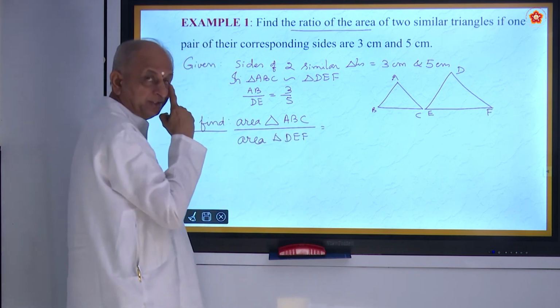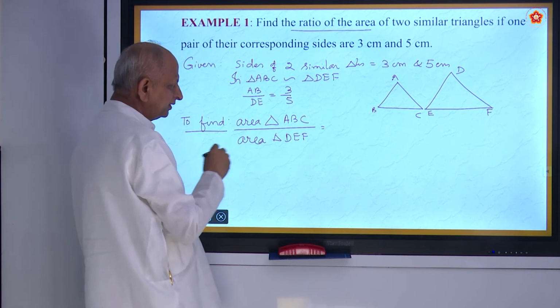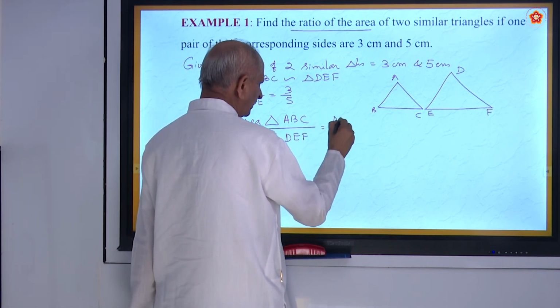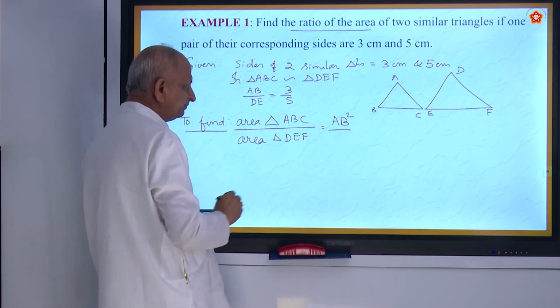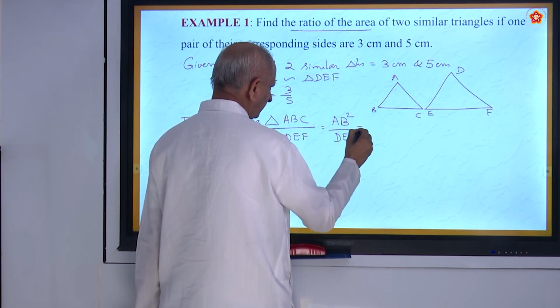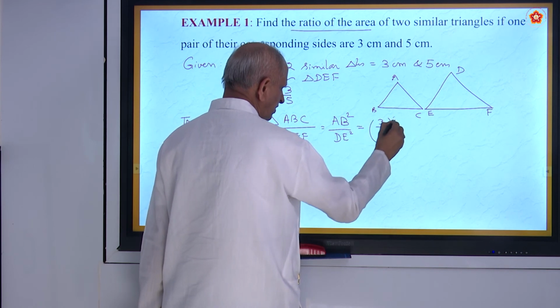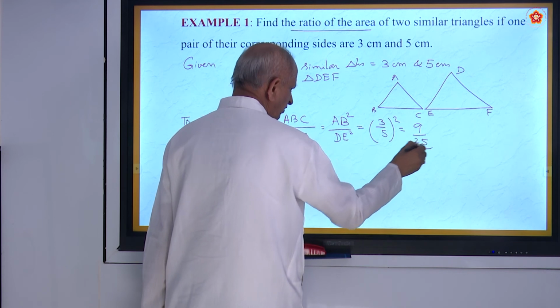Just now you have seen a theorem. What is it equal to? It is equal to the ratio of the squares of the corresponding sides. So, AB square by DE square, that is 3 by 5 square, that is 9 by 25. So, that is the answer.